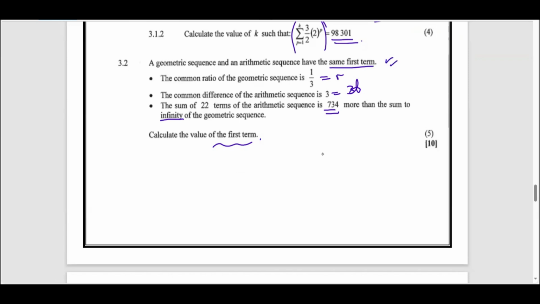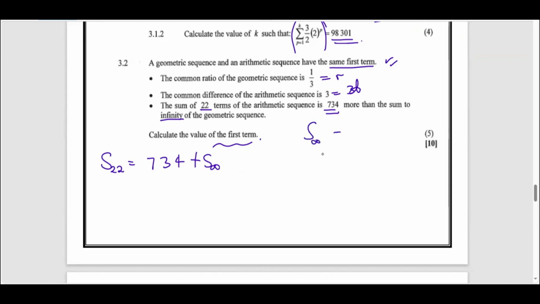Let's see. We talked about the sum of the 22 terms of the arithmetic. So I'll say the sum of the 22 terms is 734 more than the sum to infinity. What do we need? They want the value of the first term.